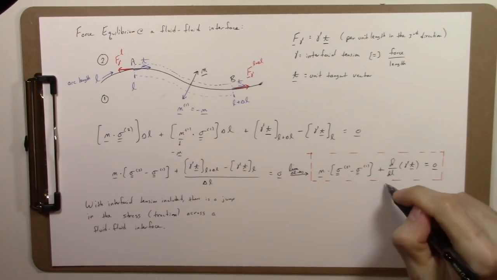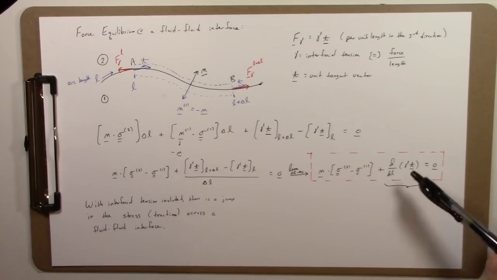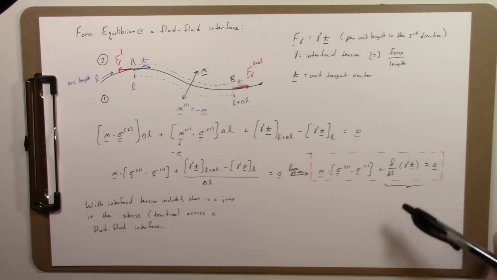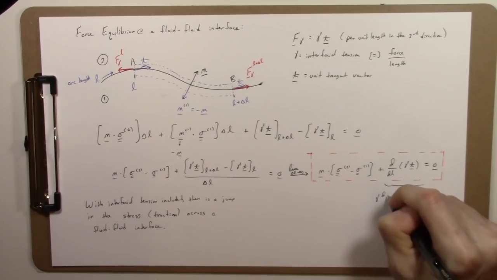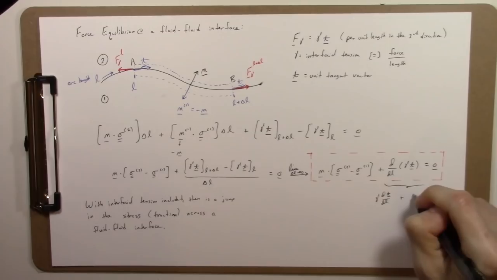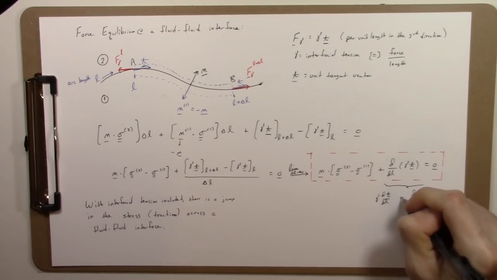Now this derivative term can actually be expanded since it's the derivative of the product of two terms. So we get gamma, the derivative of the tangent vector with respect to arc length L, plus d gamma dl times t.